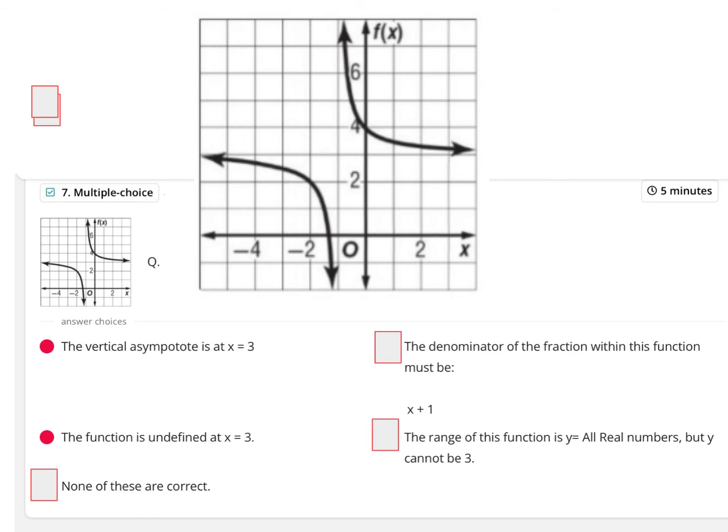Next one, the denominator of the fraction within this function must be x plus 1. So we know that this function f of x is a fraction with the a value up on top, and you have x minus h on the bottom. And then you have a plus k at the very end, the constant k. So this is saying that the denominator should be x plus 1.